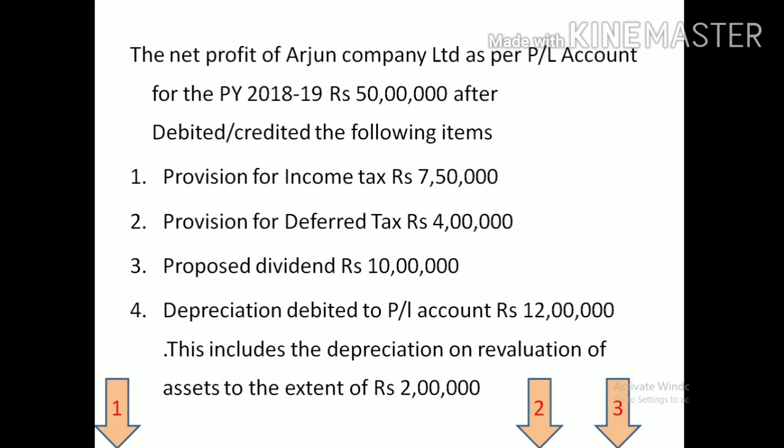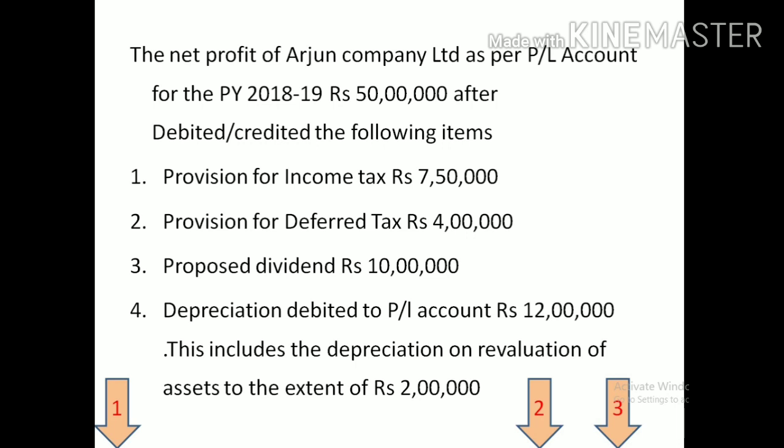So here, first you should take net profit as per profit and loss account. In MAT provision, by calculating book profit, you should add some statutory additions. When you are adding to the profit in the form of statutory additions, you should observe the profit and loss account debit side.